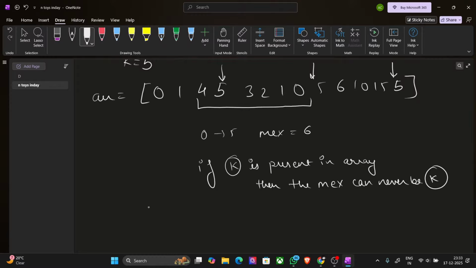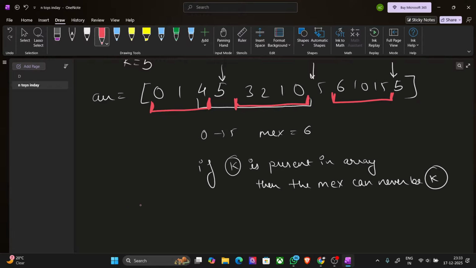So to find a segment which, when we take its max, gives us k, we need the segments which do not contain k in them. So the segments will be from 0 to 4, from 3 to 0, from 6 to 50.